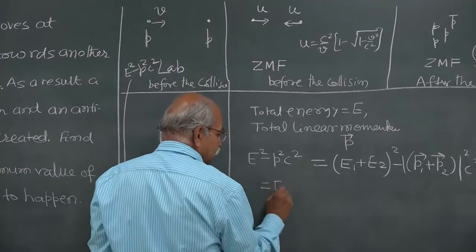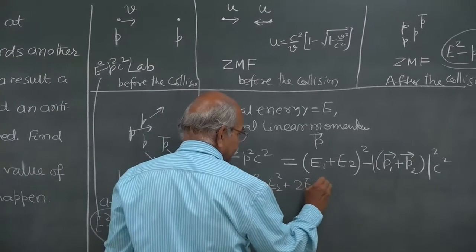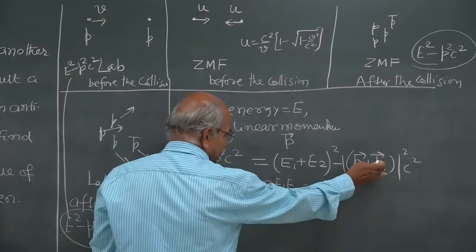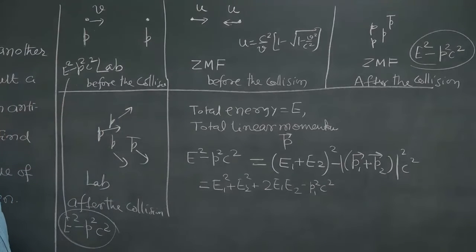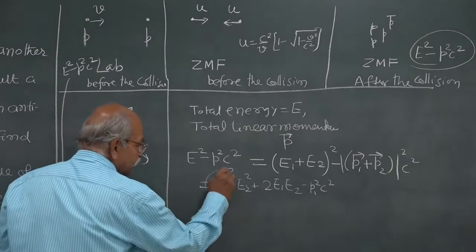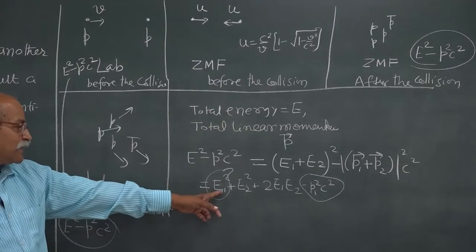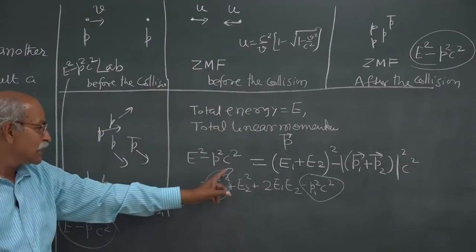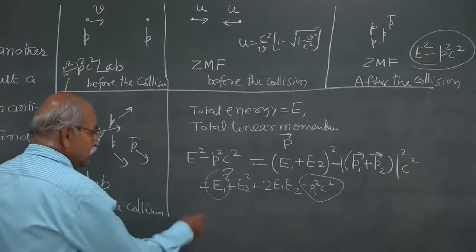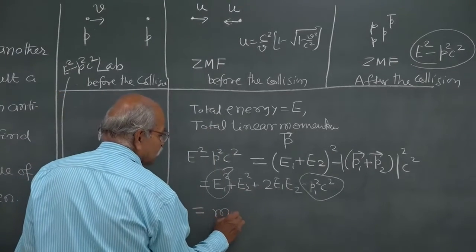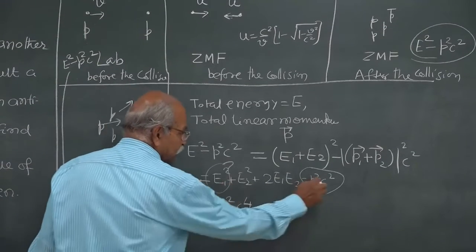So, this will be E1 square plus E2 square plus 2 E1 E2, and then minus P1 square C square, since P2 is 0. Now E1 square minus P1 square C square, is one particle, one proton only, so it must be m naught square C4.